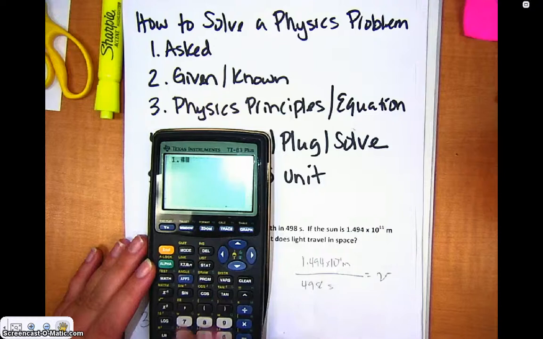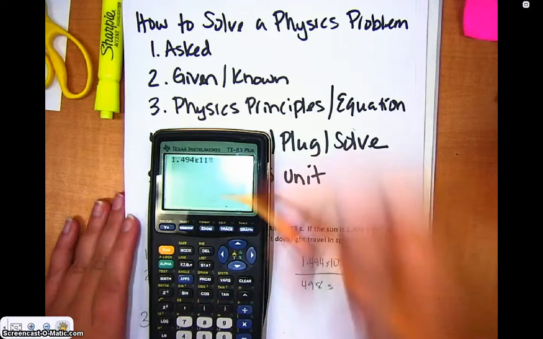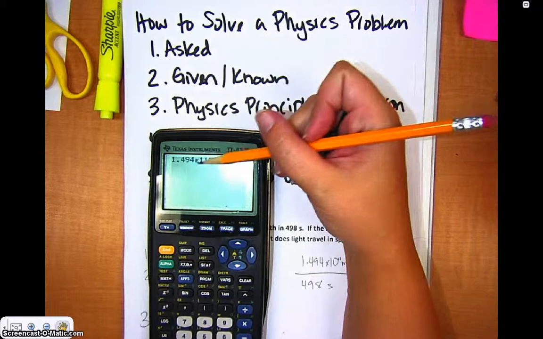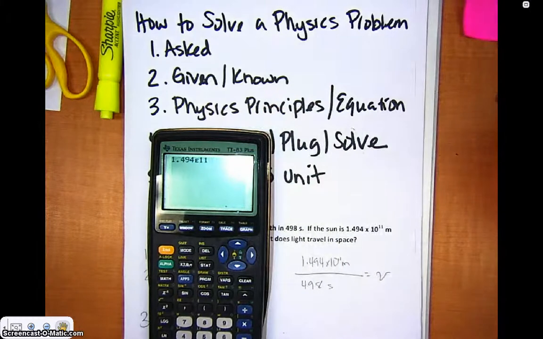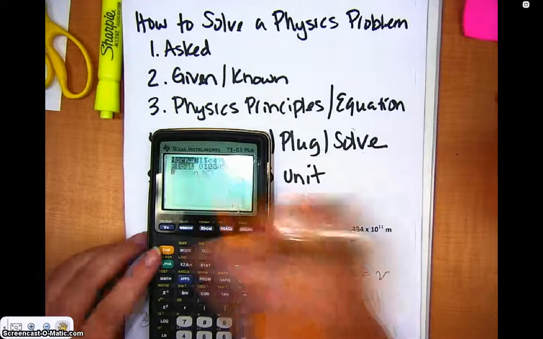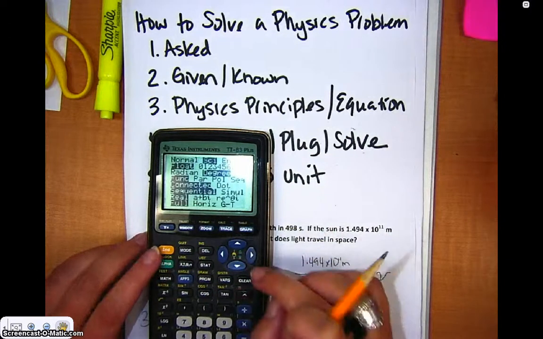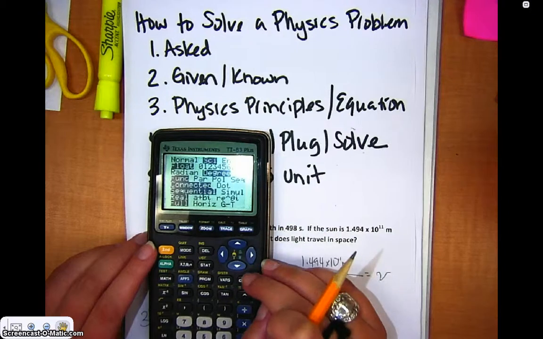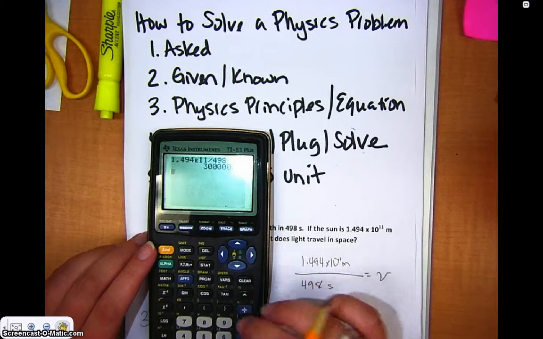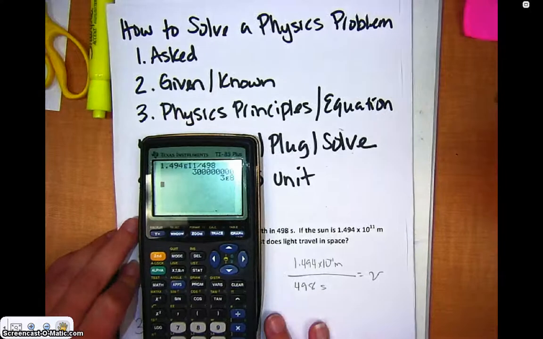So 1.494 e to the 11th. This e button means times 10, so I just have to plug in the exponent there, and then I divide by 498, and I get this. Let me see if I can set it in scientific notation so it looks better. Oh, it won't do it for me. Yep, there we go. So you get 3e to the 8th.